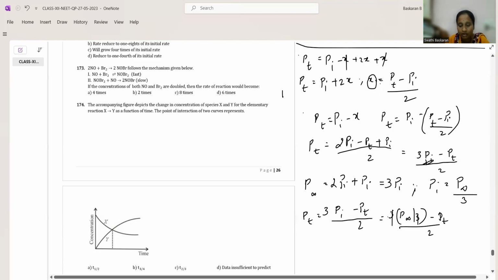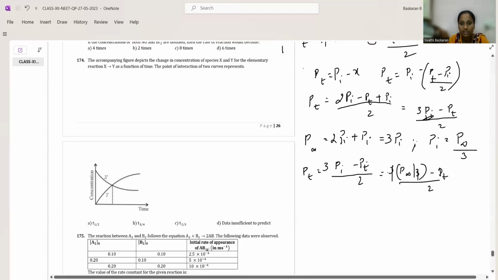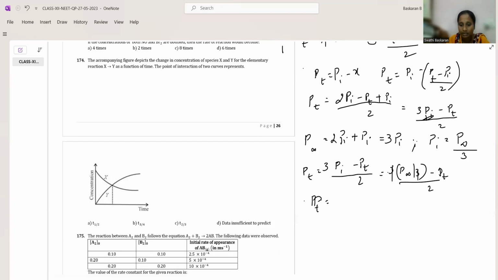So overall, what will be the Pt? Pt will become P infinity minus Pt divided by 2.